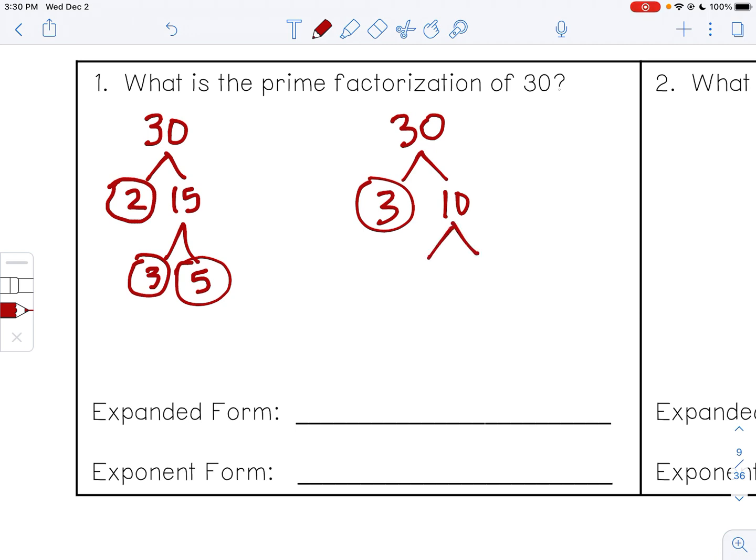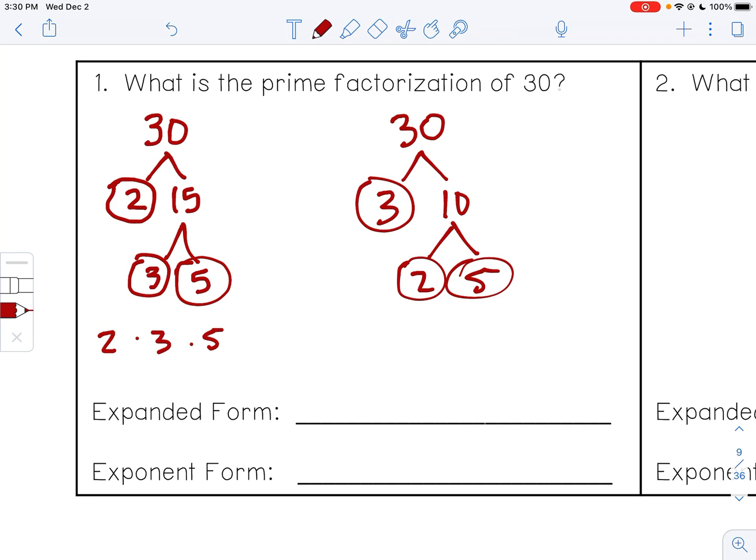So I'm going to create 2 branches coming off of 10. Now what can I multiply together to get 10? Hopefully you're thinking 2 and 5. So let's write those down. 2 and 5 are prime numbers, so I'm going to circle them. So how we write these are, let's look at this first example. I have 2 times 3 times 5.